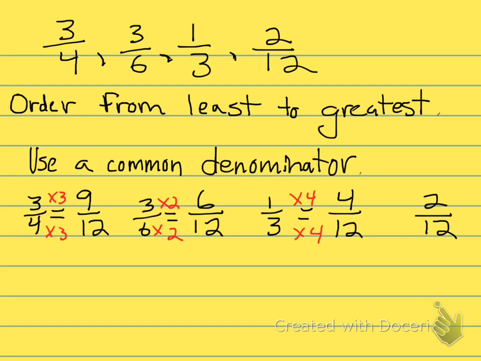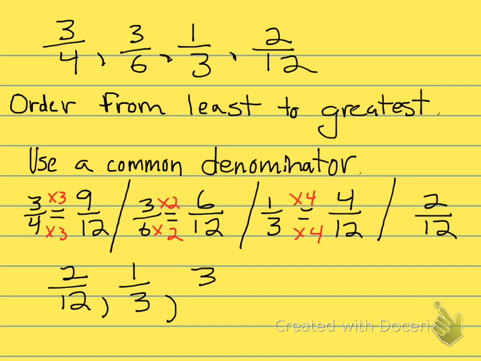All right, so if I look at 9/12, 6/12, 4/12, 2/12, and I'm ordering least to greatest, I'm going to order with the original fractions, but I have all of this work here to help me do that. 2/12 would be first, that's the least. Now 4/12 would be next, but the original was 1/3. Next would be 6/12, but the original was 3/6.